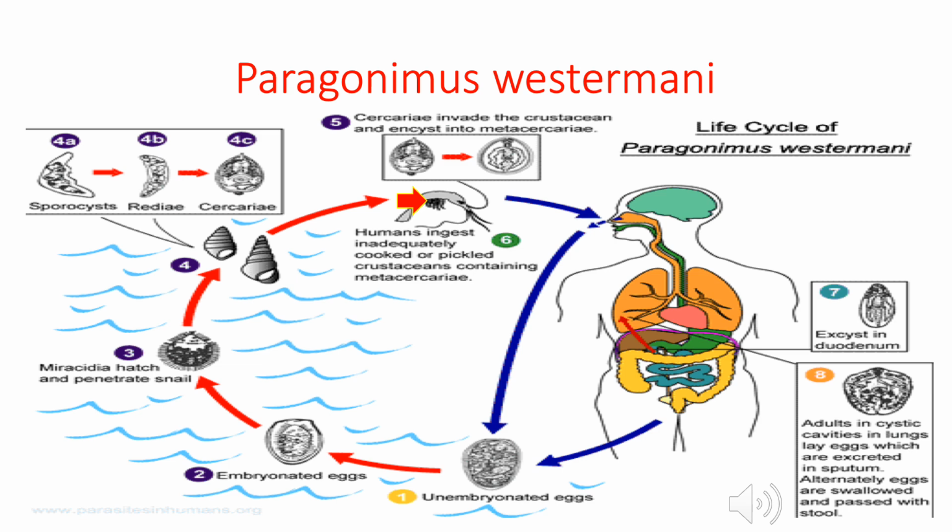So, the cercaria will enter through the soft parts of these crustaceans, and they will encyst themselves in the bodies of this second intermediate host, and they will become the metacercaria. Ingestion of raw crabs and crayfishes will now predispose a human host to develop the infection.